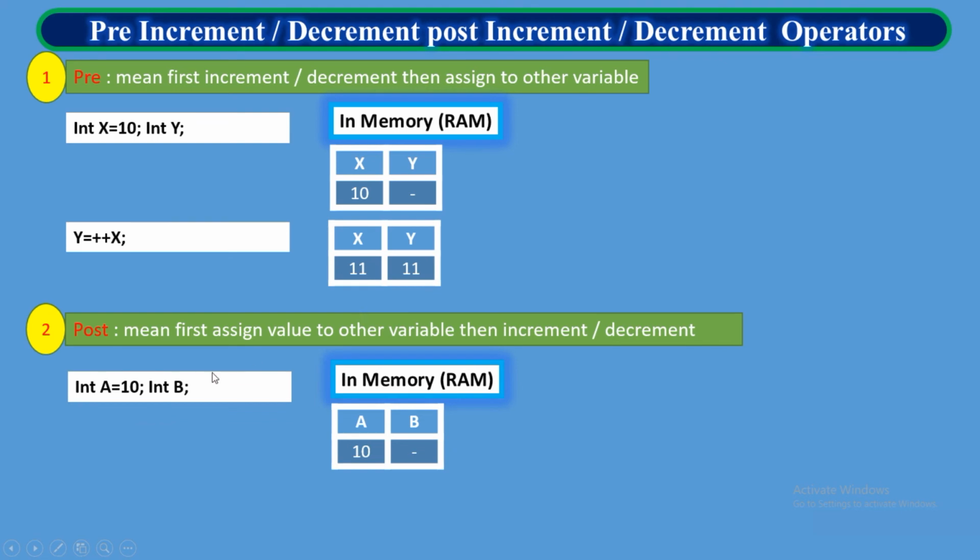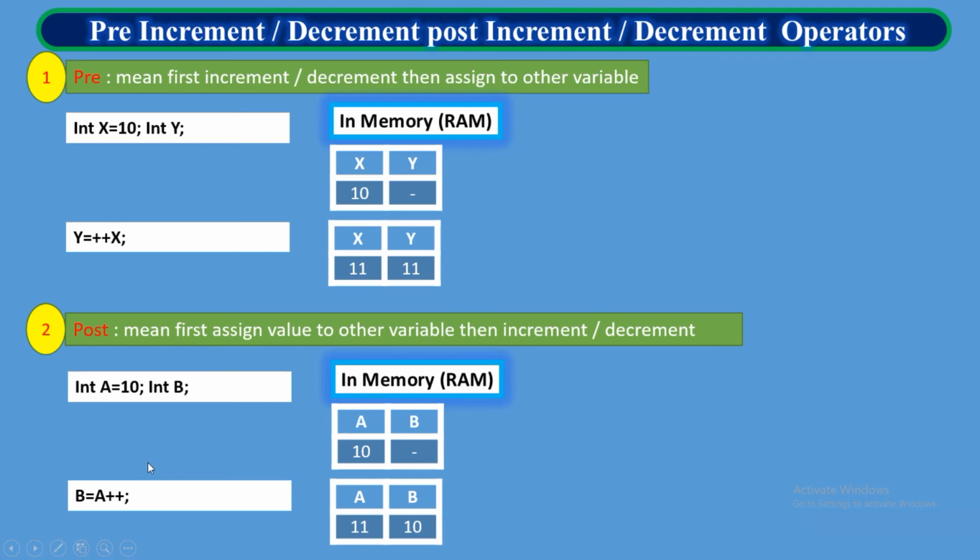In the next example, suppose we have integer a = 10, integer b. In memory we have a equal to 10 and b is empty. Here we increase the value of a with post-increment, b = a++. It means first the value of a is assigned to variable b, and then the value of a is increased.